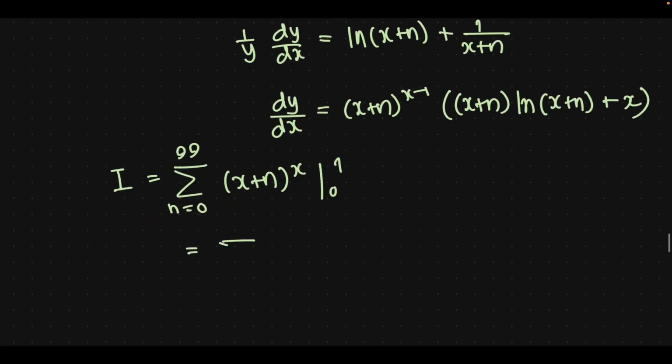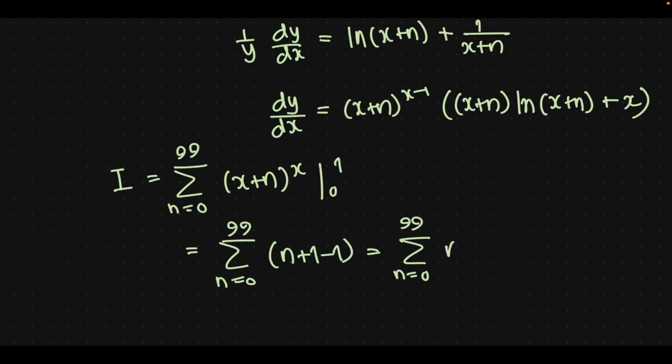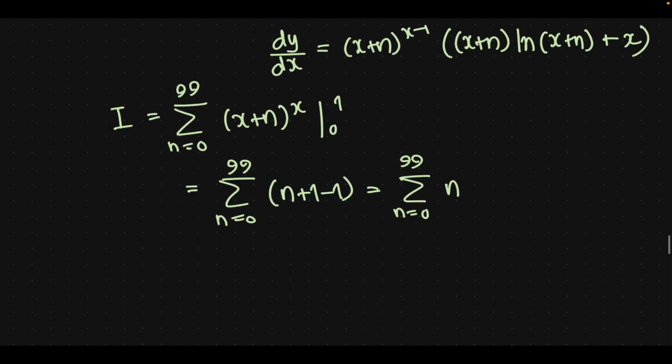So that can be easily evaluated. It's (n plus 1) minus 1. So that's the sum from n equals 0 to 99 of n. So that's the sum of the first 99 positive integers. So that's 4950. You can use the arithmetic progression formula for this.